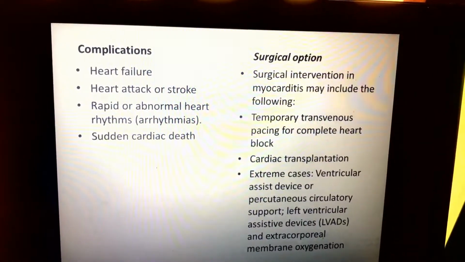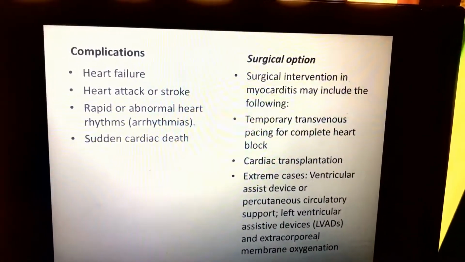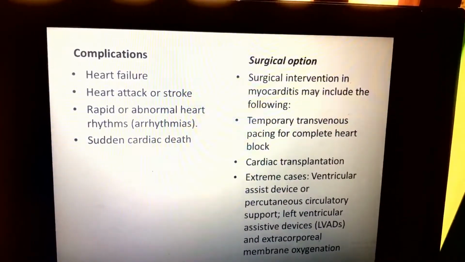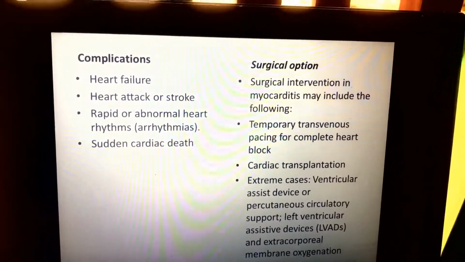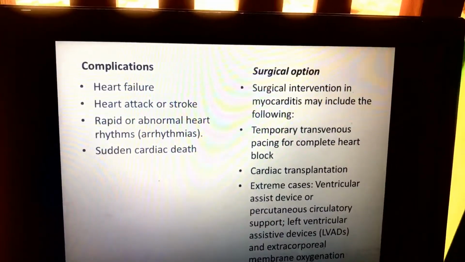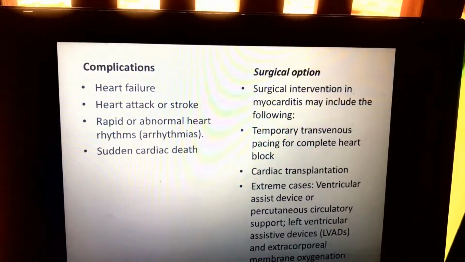What are the complications? The complications from myocarditis, now it is understandable. The first should be heart failure. I explained this. And you can have heart attack or stroke, rapid or abnormal heart rhythm, sudden cardiac death.